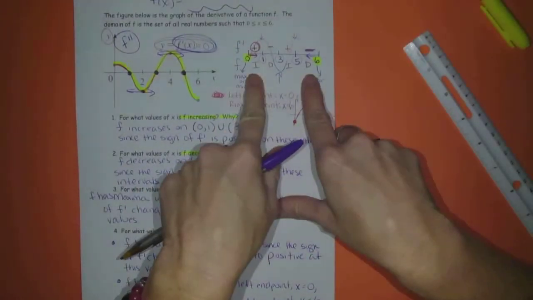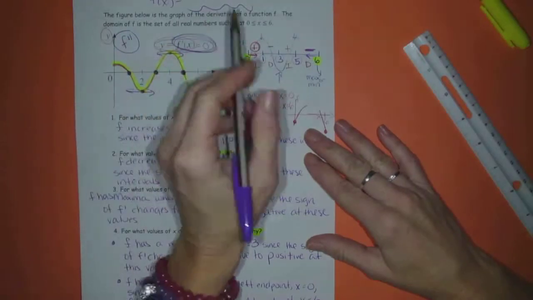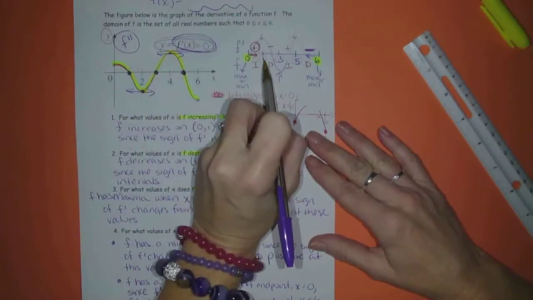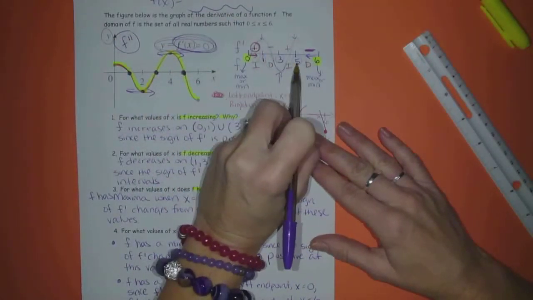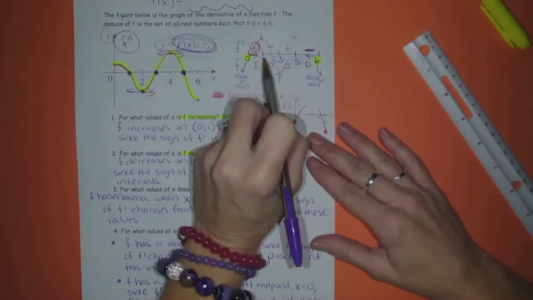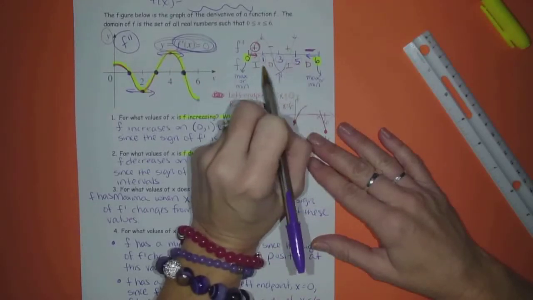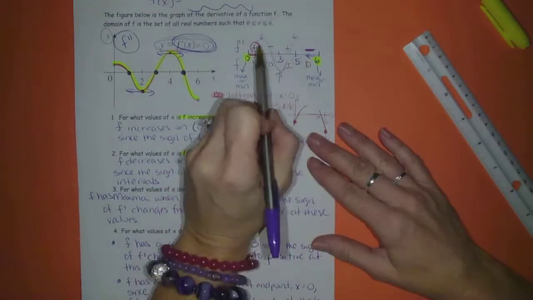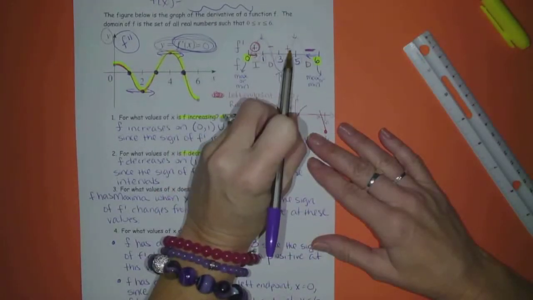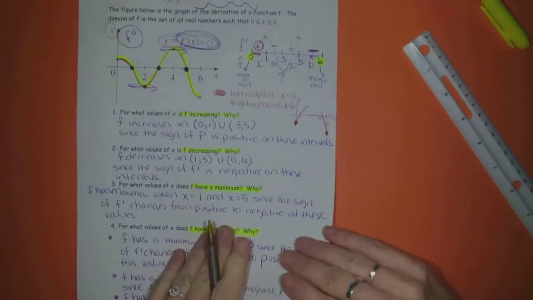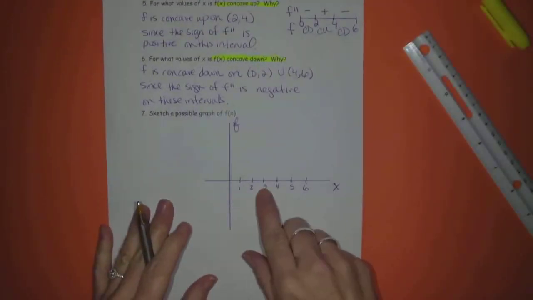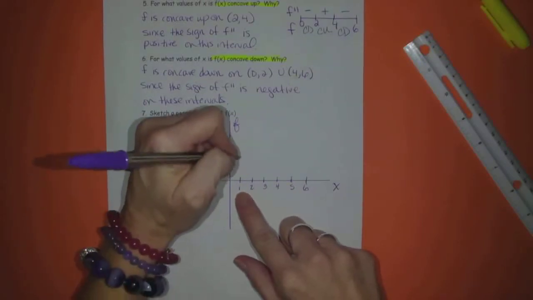I like to look at this first chart. I know that something is happening at 1, 3, and 5, and that something is that the slope of the tangent lines are 0 there. They are critical points. I increase and decrease and increase and decrease around them. So at 1, 3, and 5, I know that I increase into 1.